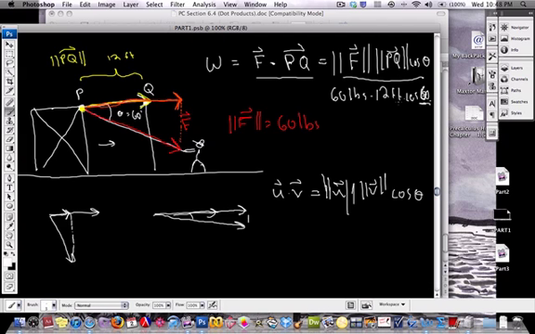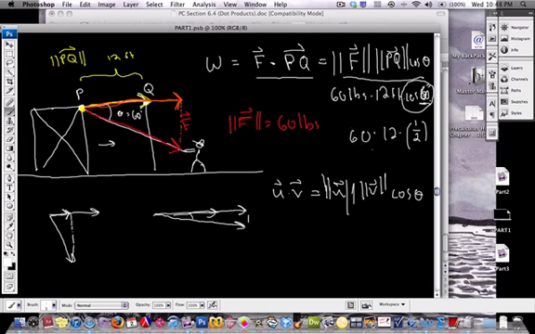Put this into your calculator, or really, you don't even need to, because cosine of 60 is a half. We should always take opportunities to keep the unit circle fresh in our mind, right? Cosine of 60 is a half. We have a half times 12 times 60.